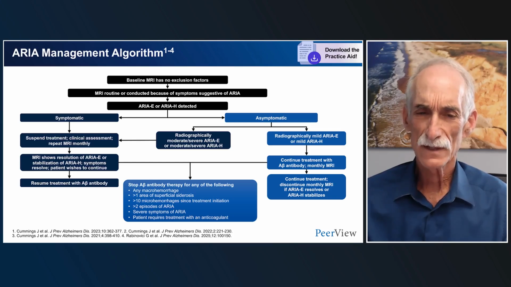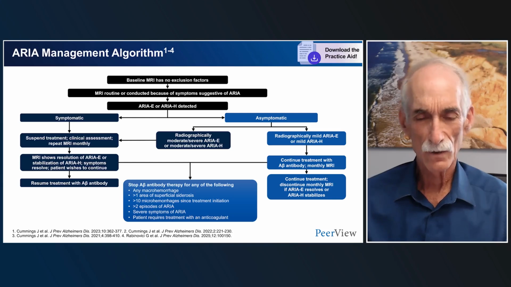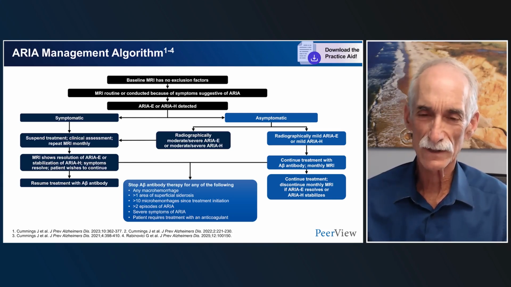So if the patient is asymptomatic and the ARIA-E is radiographically mild, there's the option of continuing treatment with clinical and MRI monitoring and to make sure that it resolves, that it's going in the right direction. You also may choose to be more conservative and wait for the ARIA-E to resolve and then resume treatment.